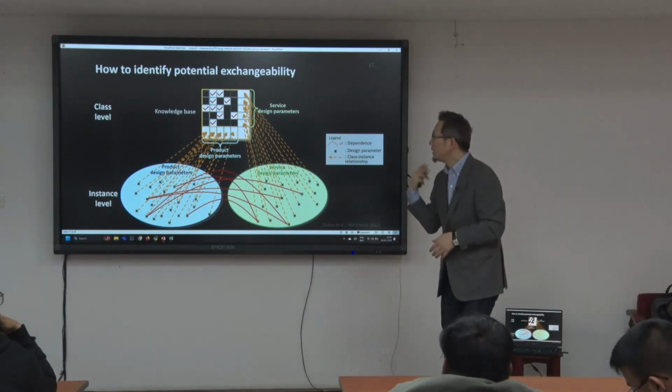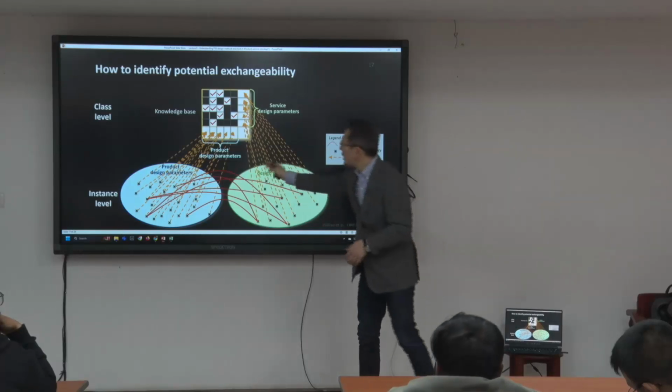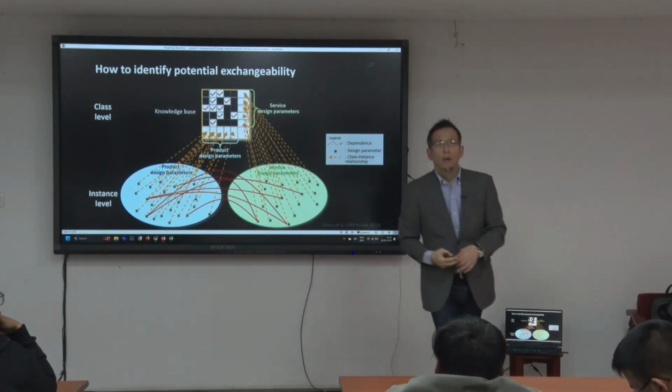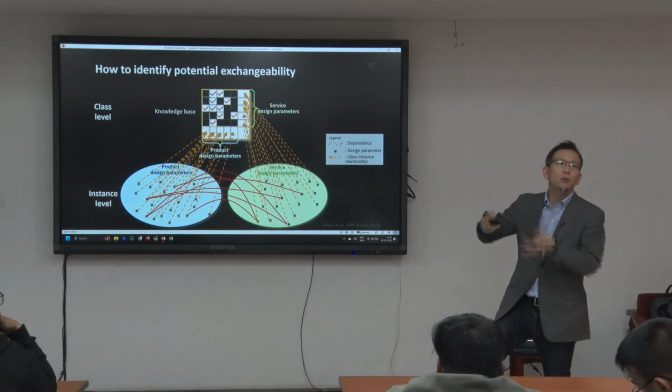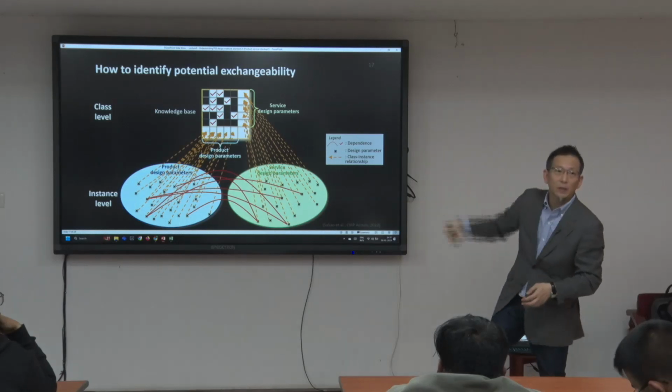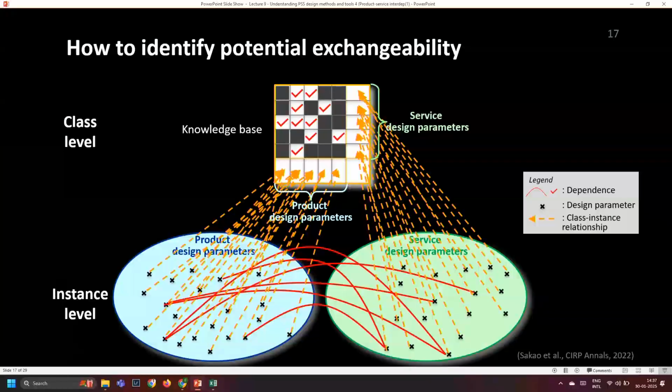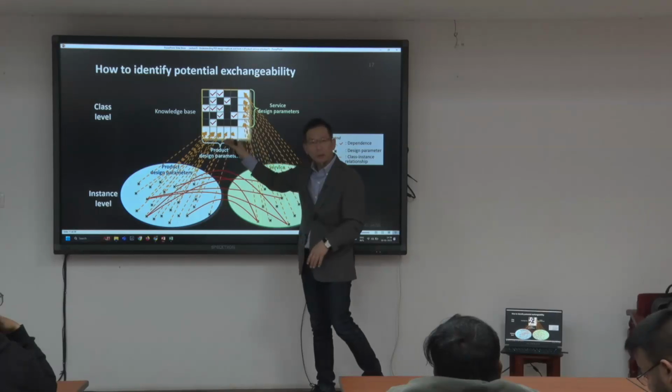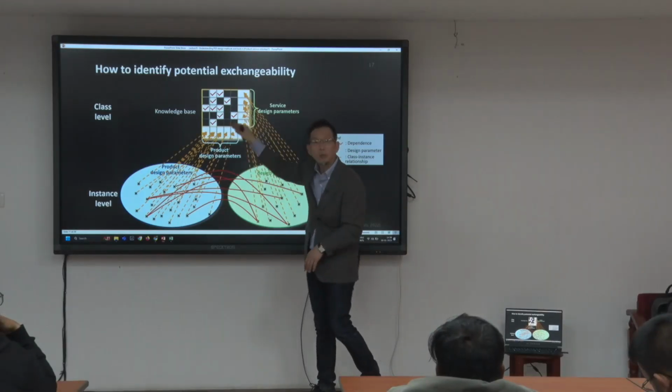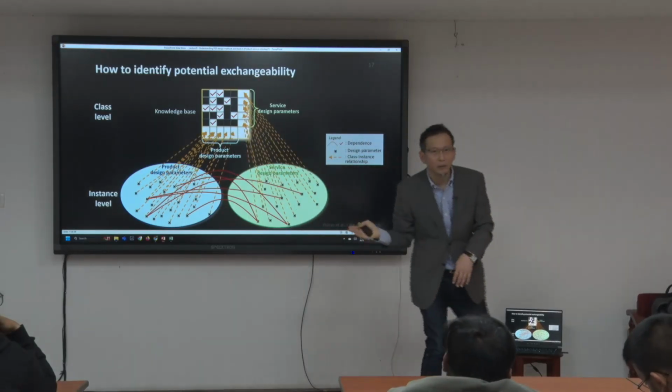And in the same way, product design parameters are not that many if you are on the class level. Okay? So therefore, the number of combinations can be significantly reduced. So the computational effort or analysis effort is much, much lower if you do it on the class level, right?